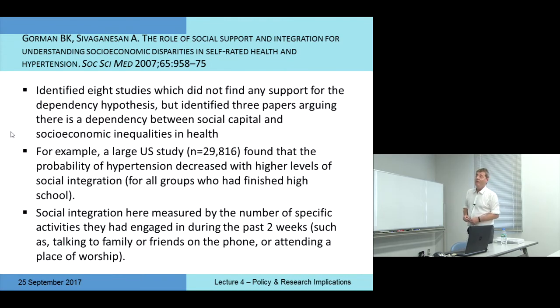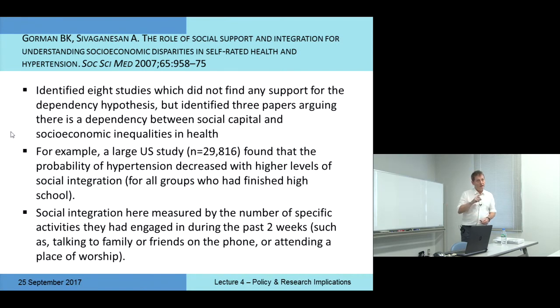And so it's this study by Gorman, and in this large US survey, they found that the probability of hypertension, so that's, if you like, a measure of ill health, decreased with higher levels of social integration for all groups who had finished high school.